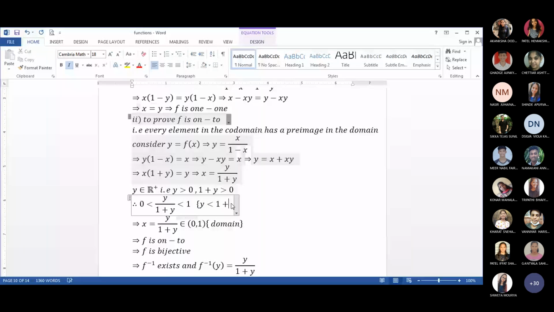Okay, do you agree that y is smaller than 1 plus y? ये पार्ट पे अग्री करता है कि y is smaller than 1 plus y?